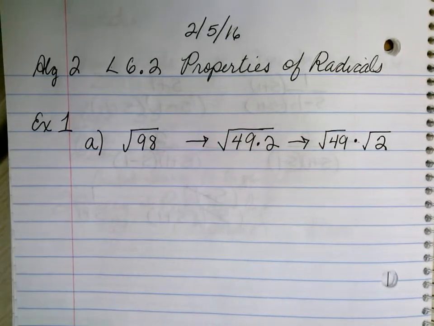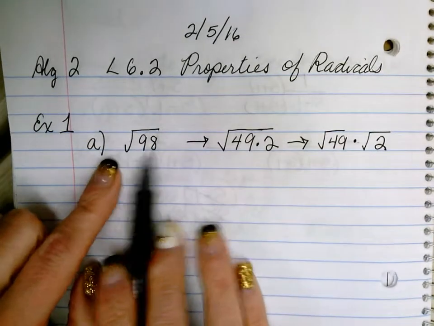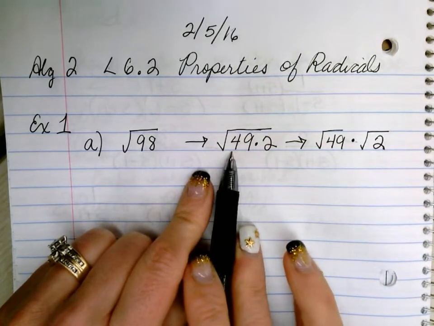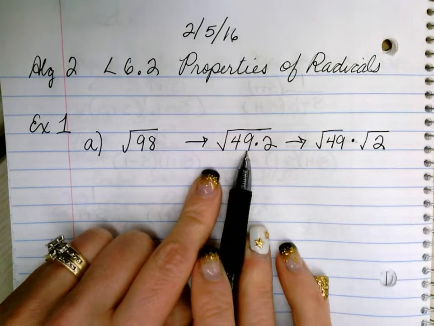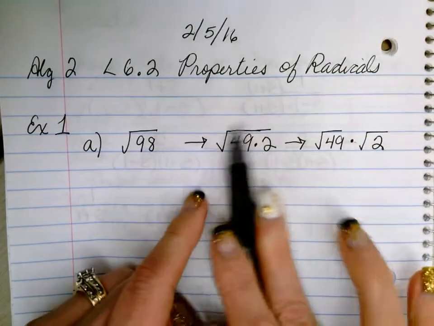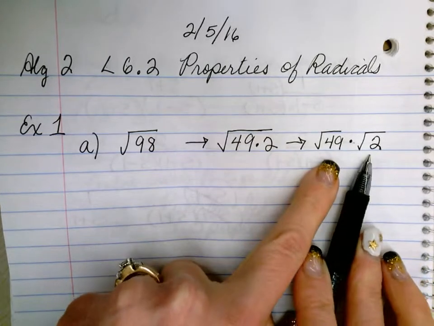So hopefully you're recognizing my process. I have something I'm searching for. I look for a square rootable factor. I break them up into two separate factors because really this is equivalent to this.